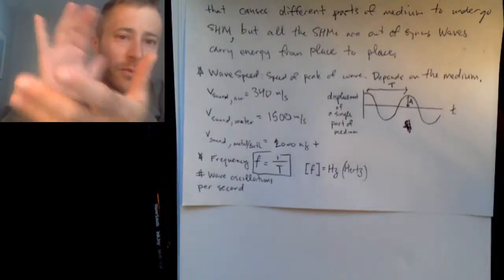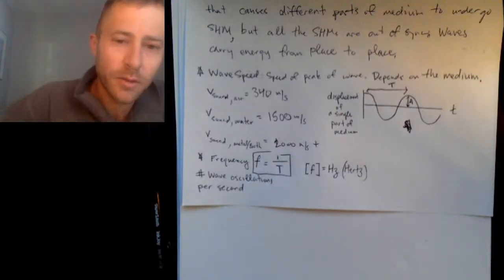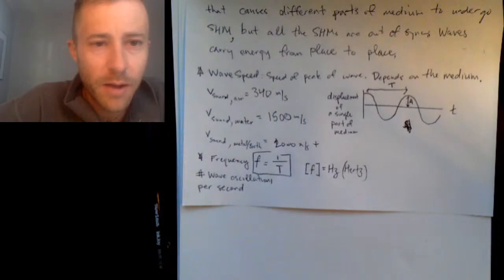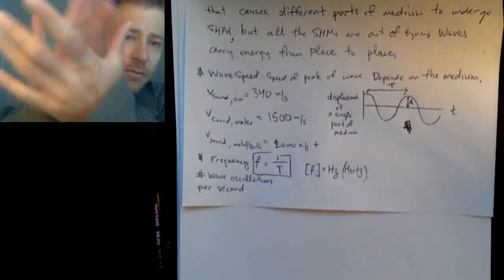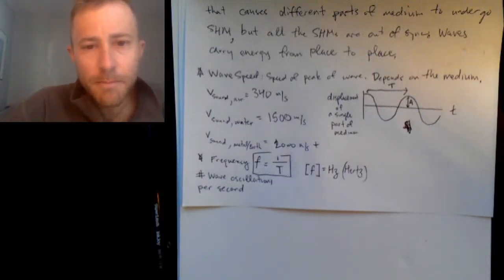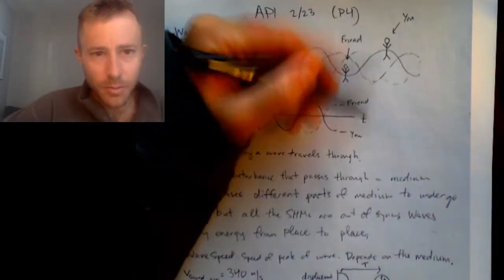A frequency of 5 hertz would be 5 vibrations per second. So frequency is how often the wave is lifting you up and down.